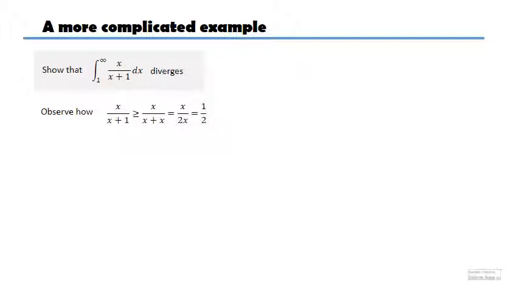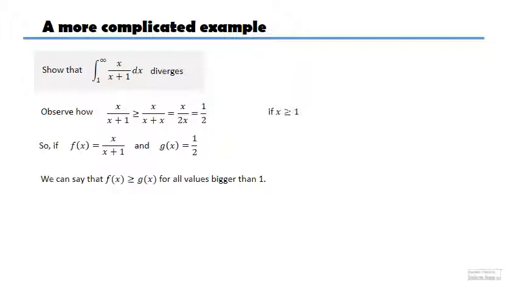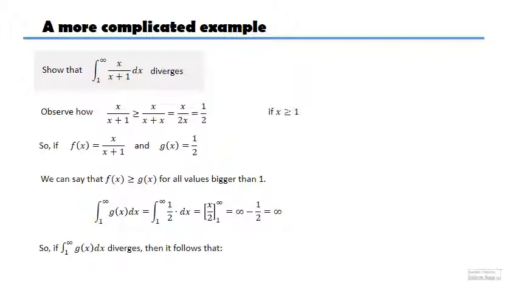And this thing just becomes 1/2 once I cancel the x's away. So if I say f of x is equal to my expression here, and g of x is 1/2, f of x is always bigger or equal than g of x. Great. So if I show that g of x diverges, since f of x is always bigger, f of x must always diverge. So I simply do the integration, which is not going to be that difficult. It's going to be x over 2, and I get infinity, and hence f of x diverges.